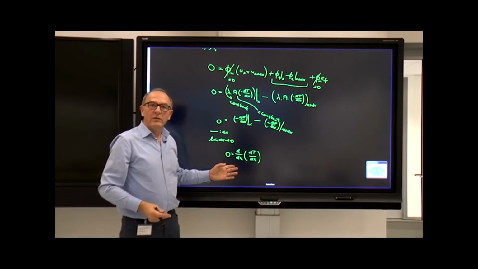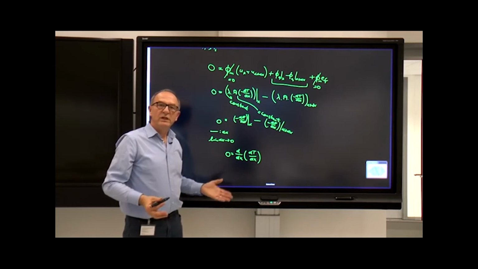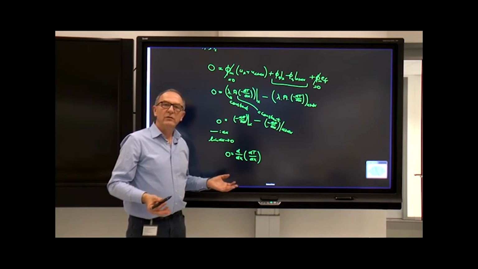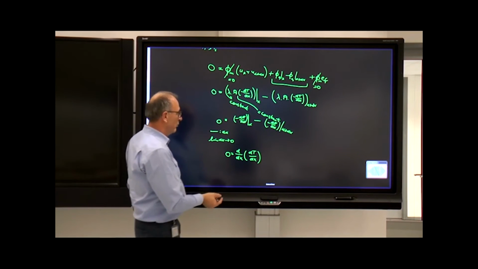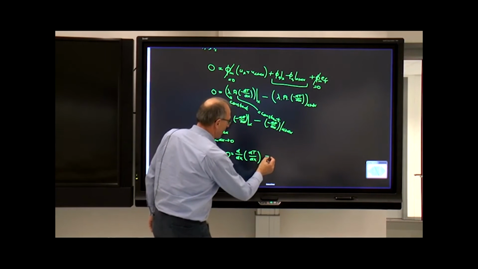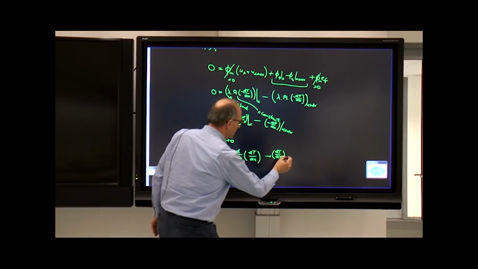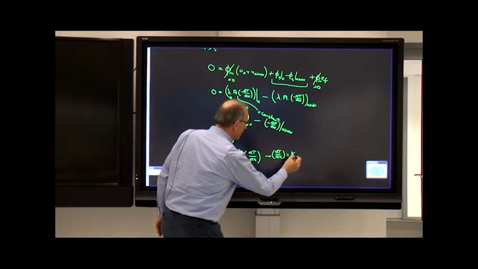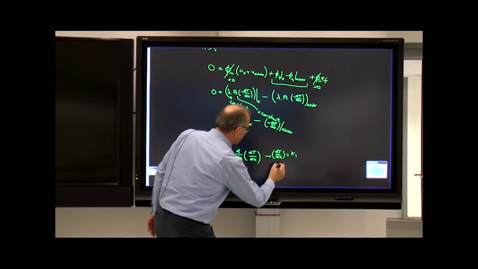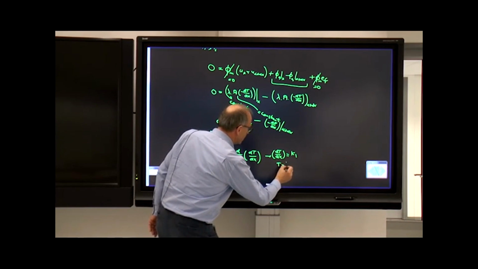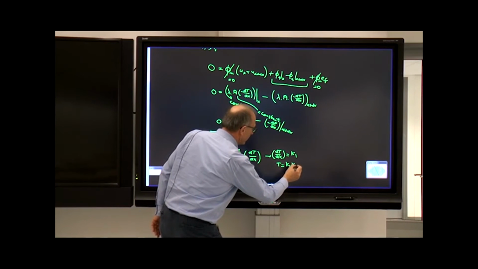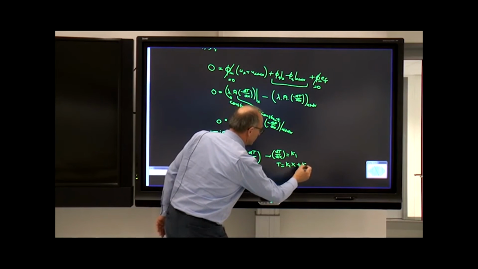Here we have the equation from which we easily can calculate now the temperature distribution, because from this we get the temperature gradient dT/dx is a constant. And secondly, T is a constant multiplied by x plus a second constant.